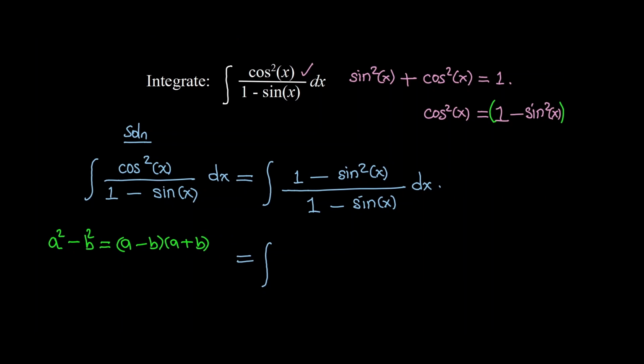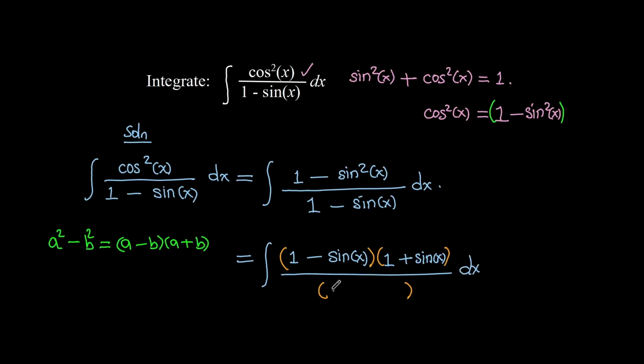Now, expressing the numerator in that form, we'll have here (1 minus sin x), and we can create some brackets here. This multiplies the next expression, and that is (1 plus sin x), and we divide this by our original denominator, and this time it's good also to place it inside the bracket.